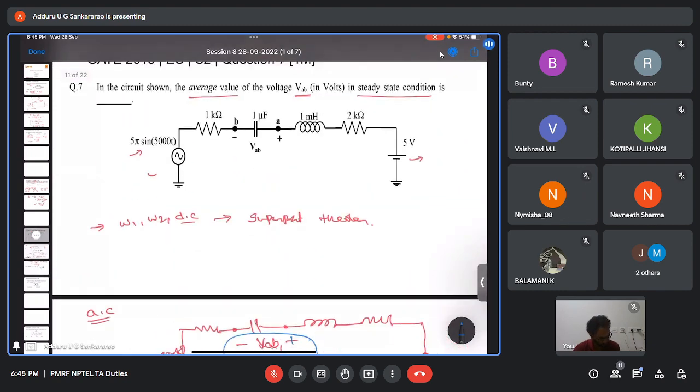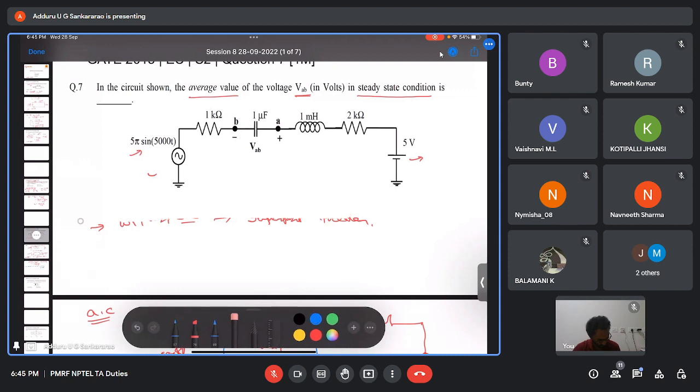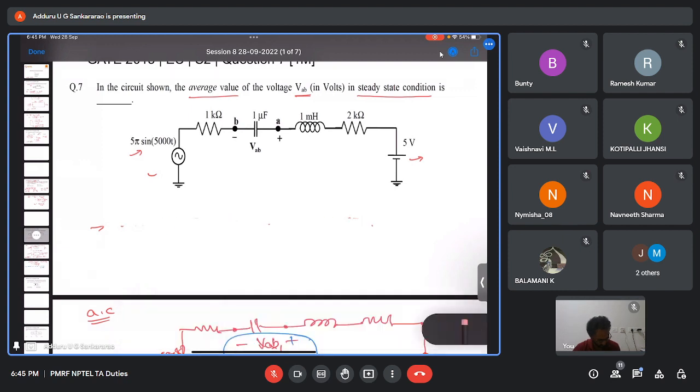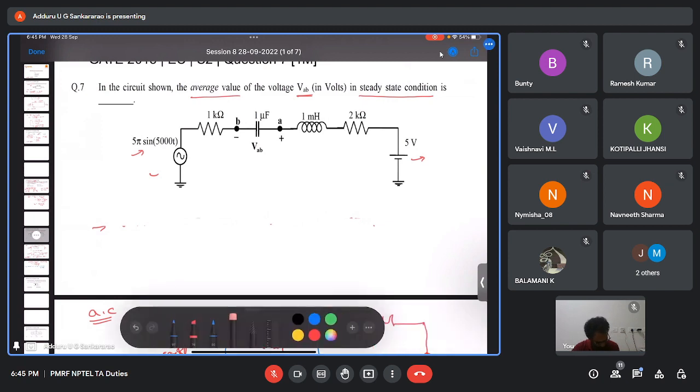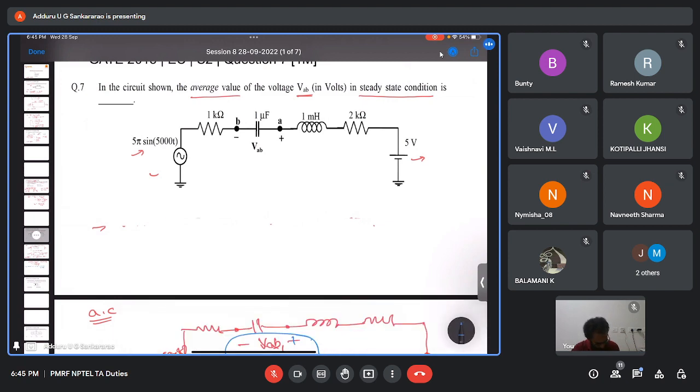Now I am drawing this. The second source, the DC source, I am considering, so the AC source will be short circuited. The 1 kilo ohm resistor remains, and the capacitor acts as an open circuit at steady state.